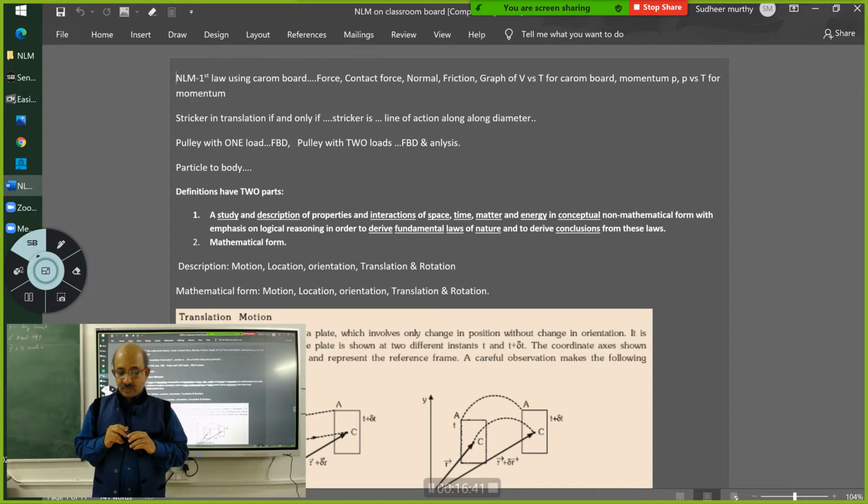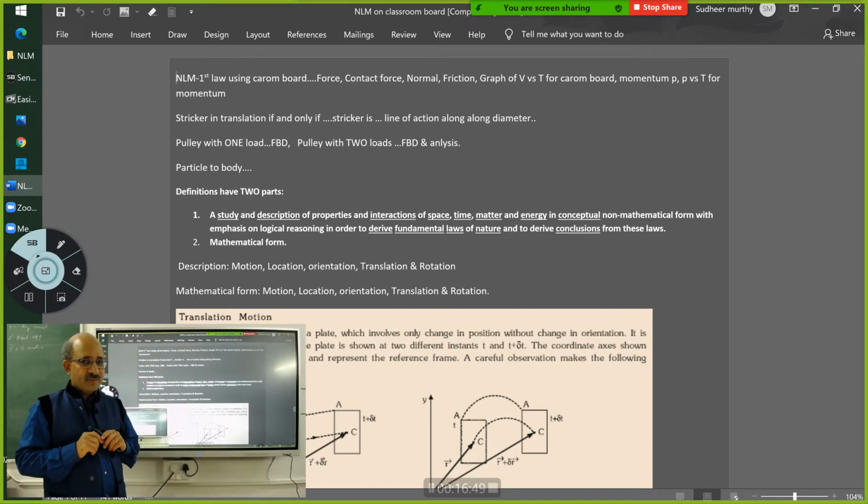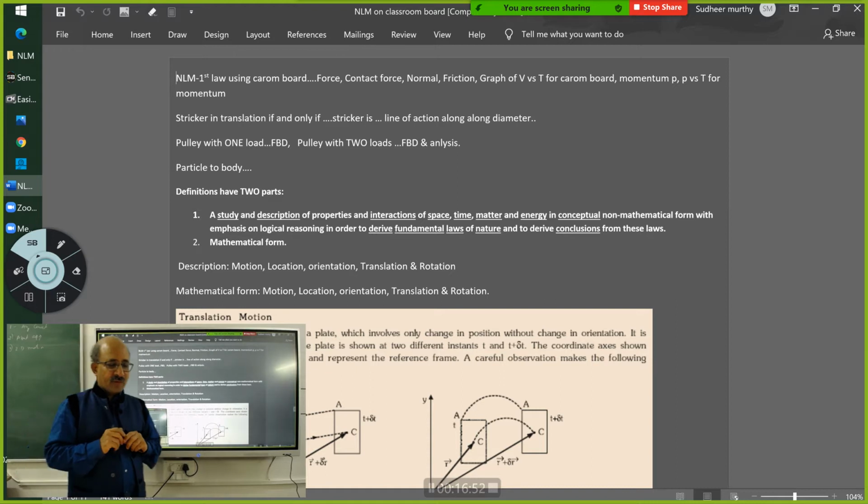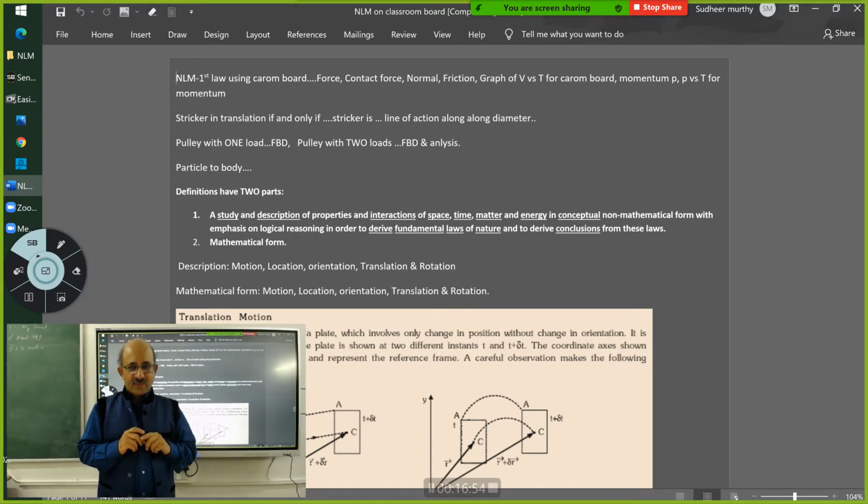An external agency which changes the state of motion or the shape of the body. Why are you telling external agency? What makes you think you have to use the word external agency? Because an internal agency cannot do anything.